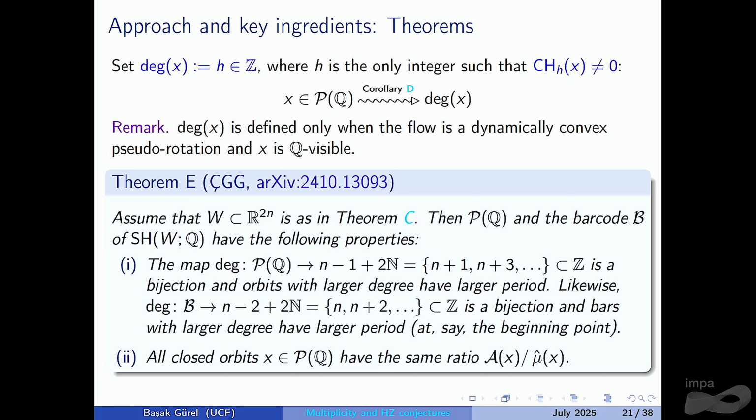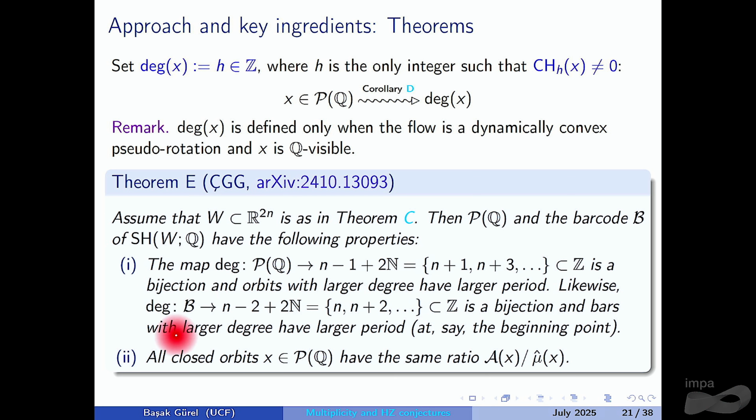So we have the following two things. The degree map, this is this H map here. There you go. This map is a bijection to n minus 1 plus 2n. And orbits with larger degree have larger index, larger action. And then there is also the other degree map. This one is the map from the barcode.